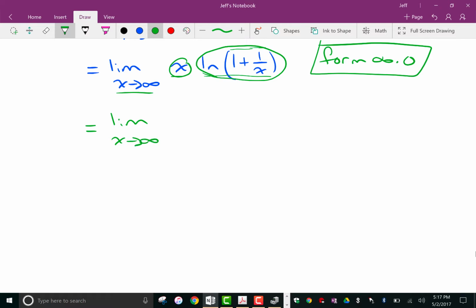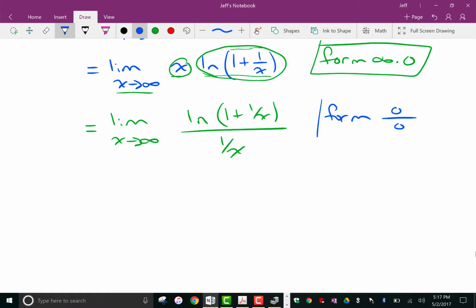So as x approaches infinity, I'm going to get the natural log of 1 plus 1 over x, all divided by 1 over x. Now, if I look at the form, the numerator is approaching the natural log of 1, which is 0, and the denominator is 1 over infinity, which is 0. So I have now gotten this to a point where I can use L'Hopital's rule.